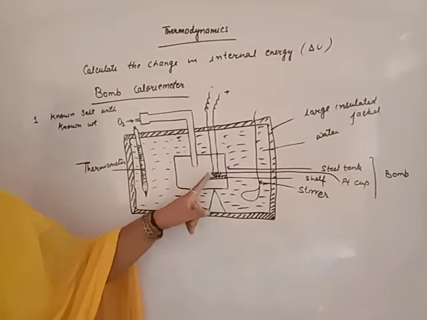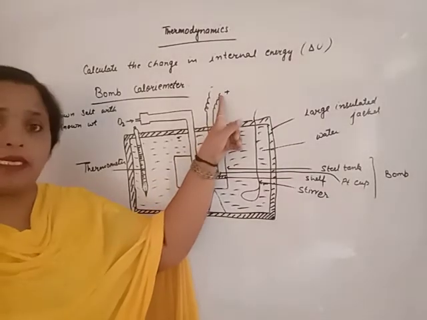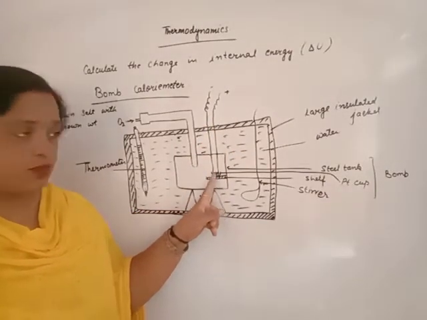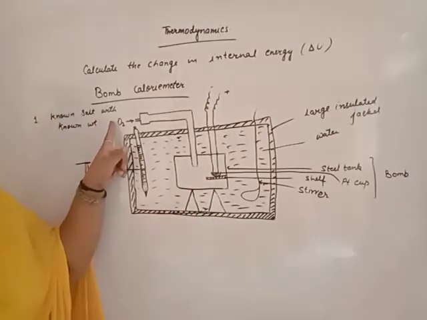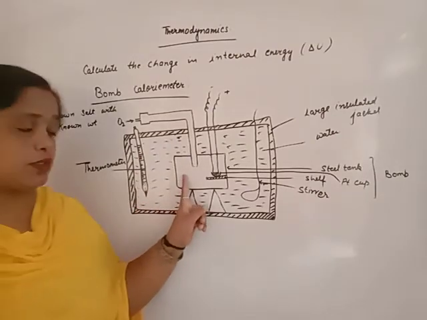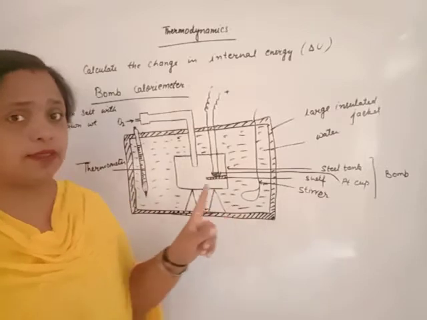When the substance is placed in the bomb calorimeter, we switch on the electrodes, and electricity passes through the substance in the platinum cup, and then from the oxygen inlet we supply oxygen. In the presence of oxygen, this substance starts to burn and release energy.